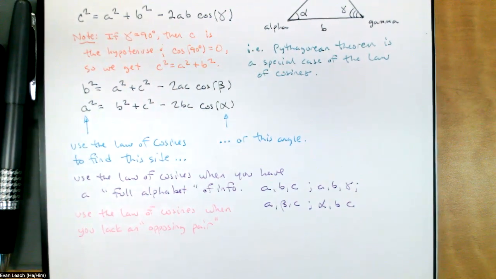So you have A, but not alpha, have B, but not beta, have C, but not gamma. Notice in my full alphabet, our full set of info, I've got an A thing, a B thing, and a C thing: A, B, C, alpha; B, C, A, beta; and C, A, B, and gamma.